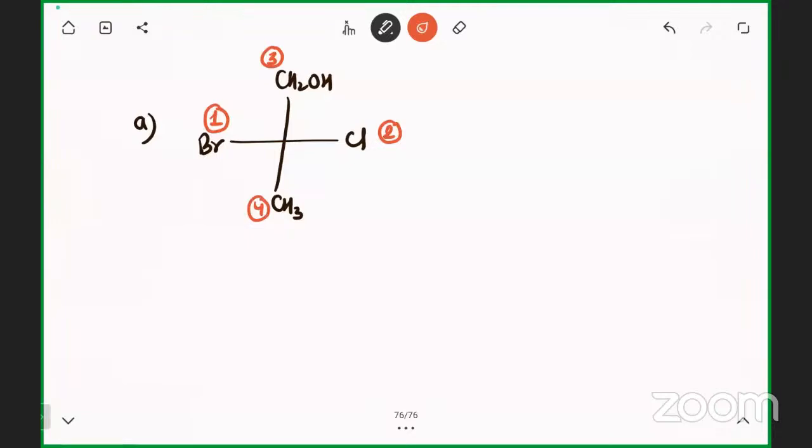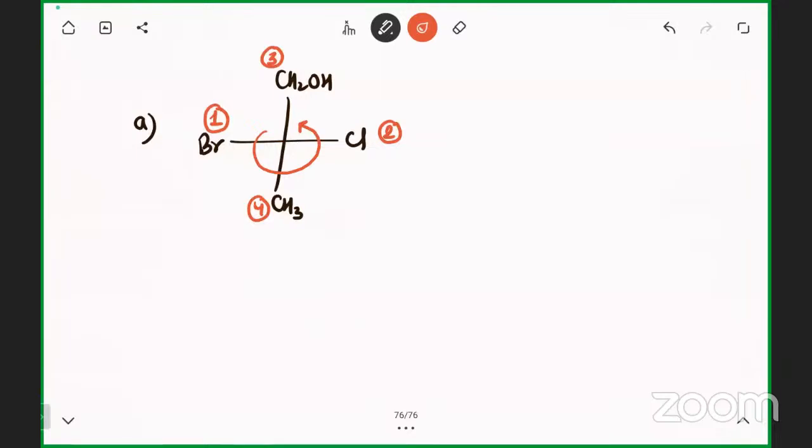Our priority is how we have to give the priority, as I told you in the last class. You have to go from 1 to 3, not 1, 3, 2 or any other order. You go from first to third and then we go for the fourth.